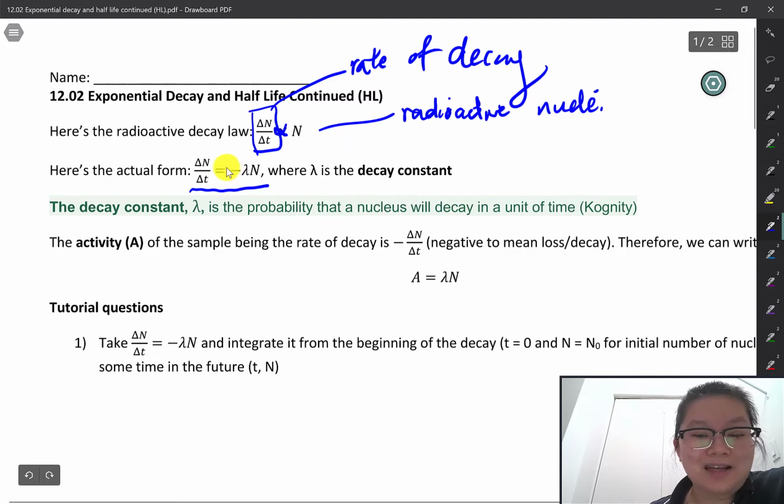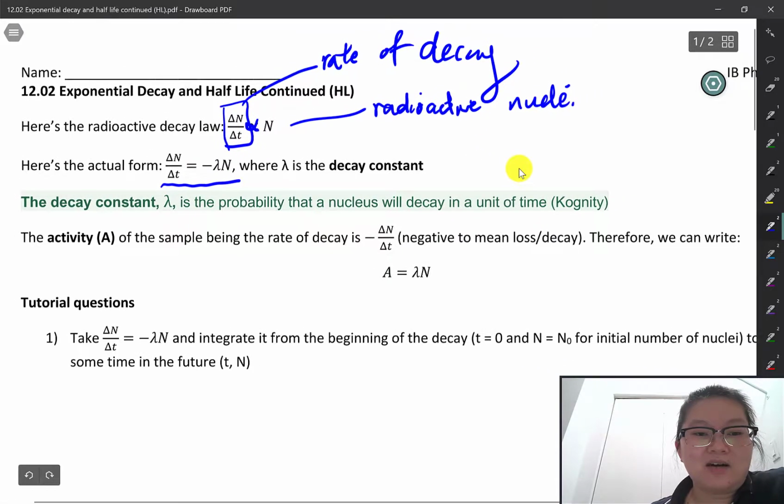There is this negative sign, meaning that whenever there is a decay happening, it's talking about the loss instead of a gain. So it means that you're losing radioactive nuclei over time, which is what that negative sign means.